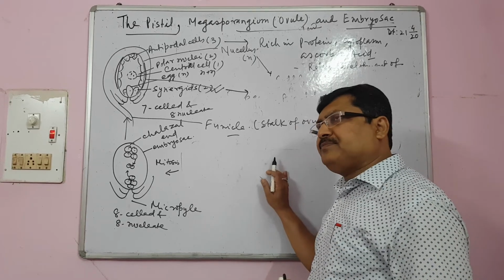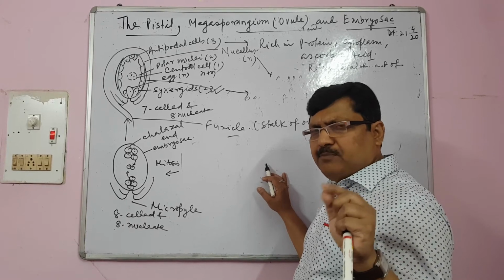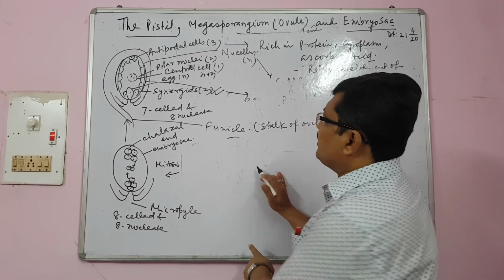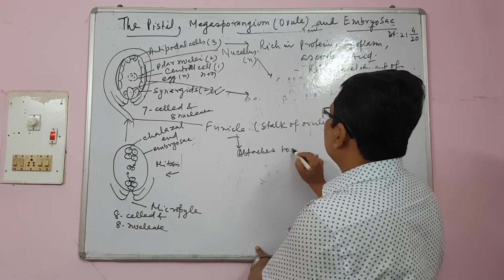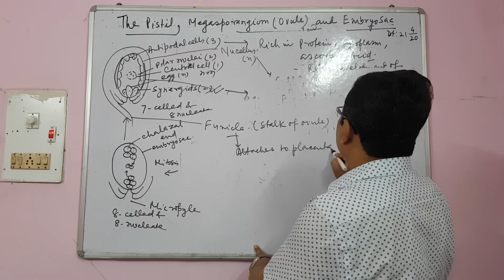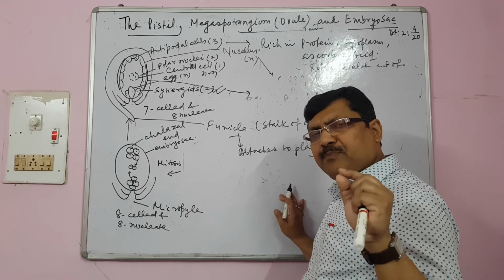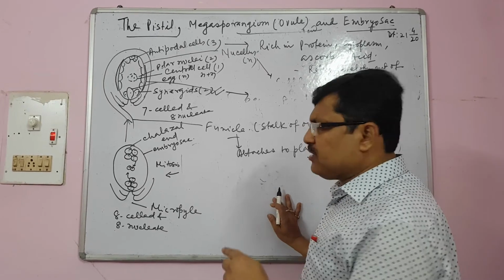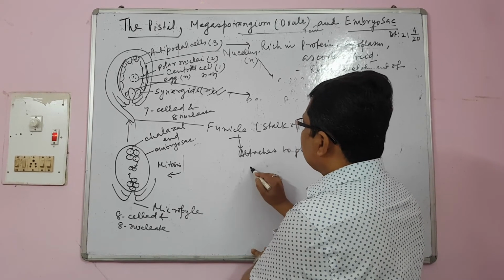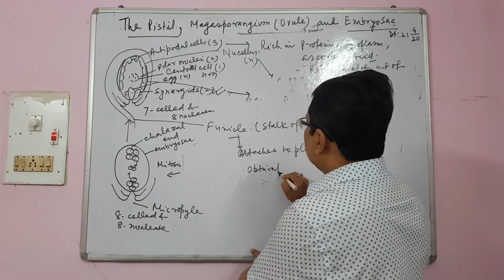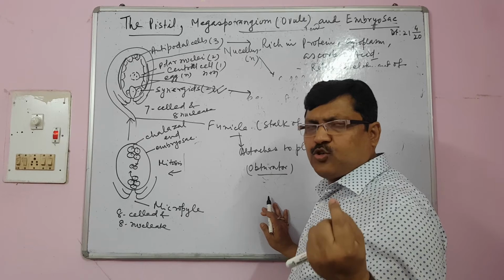It has been seen that the funicle attaches to the placenta, and at the junction of funicle and placenta there is a structure called the obturator. This is also rich in ascorbic acid and protein.